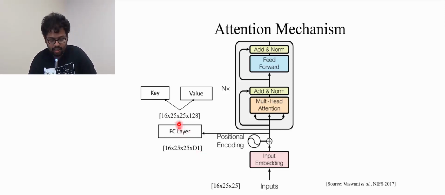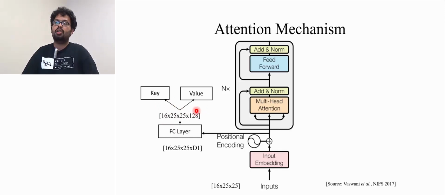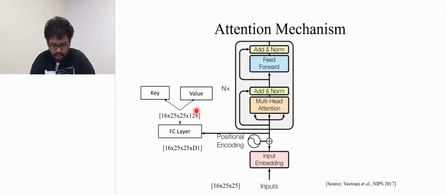So the FC layer is used for a linear projection which gives two different feature vectors, called key and value, of 128 dimensions. And each of these FC layers is learned independently for key and value, and it is not a common one. So once we obtain a key and value, we pass it through a multi-head attention. Here we can see that there are 3 inputs.